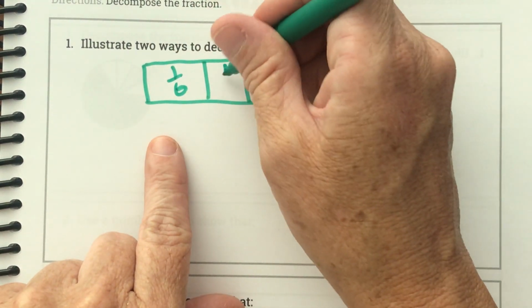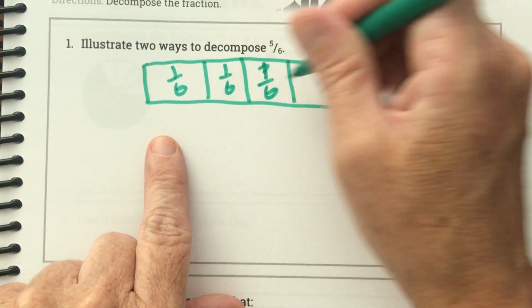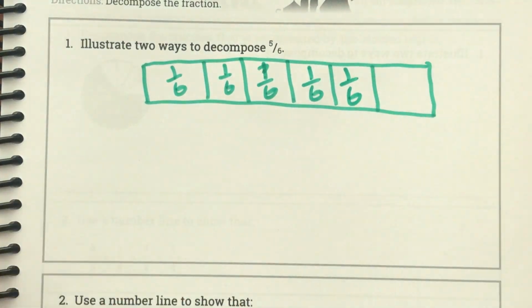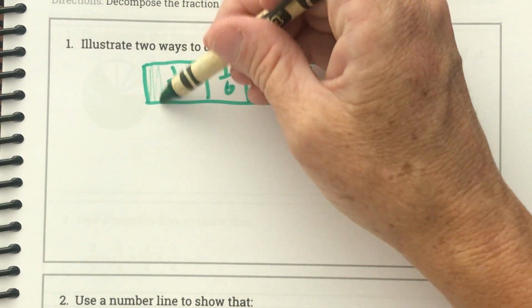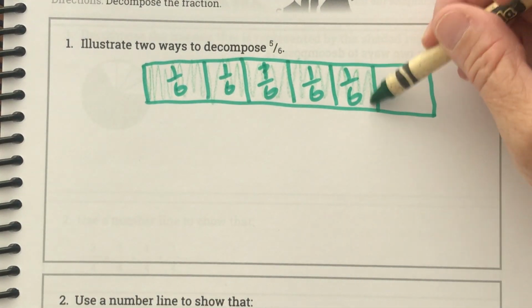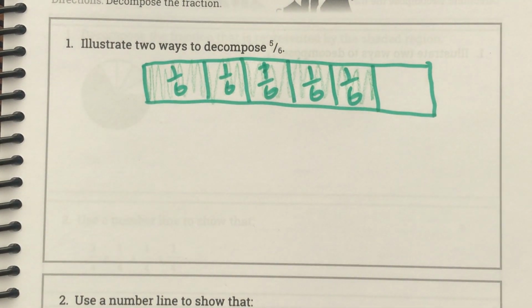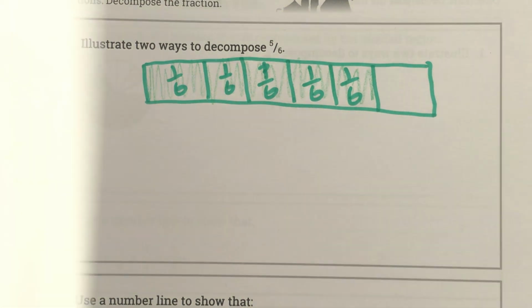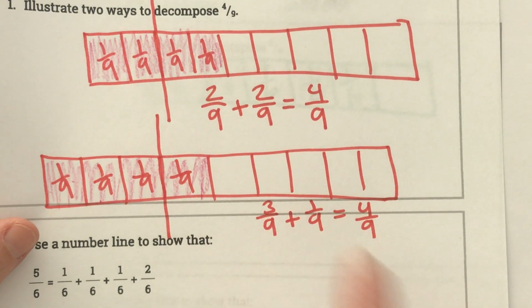So we have 1, 2, 3, 4. We have 5 of the pieces. That's what 5/6 looks like. So they want us to decompose it. Now, on my example, I had only decomposed it into 2 fractions.